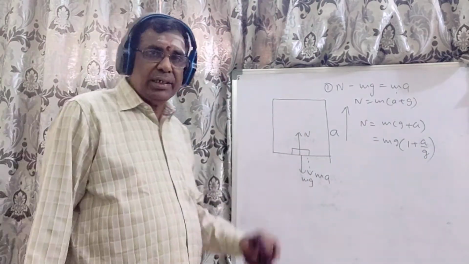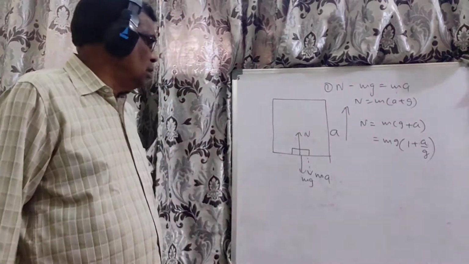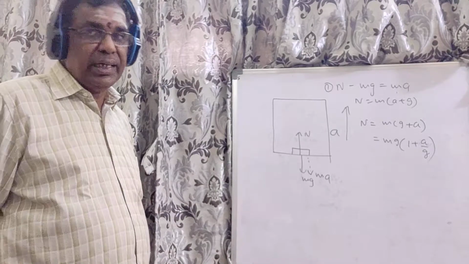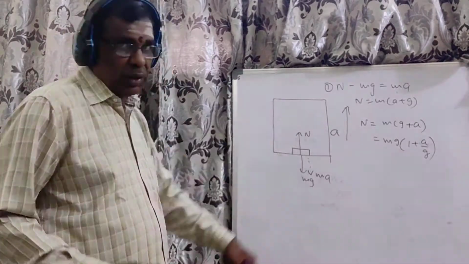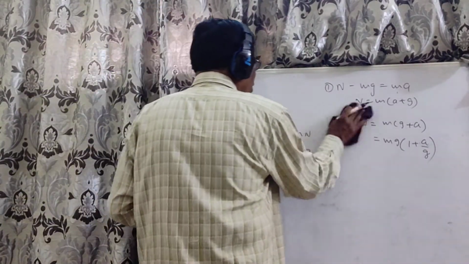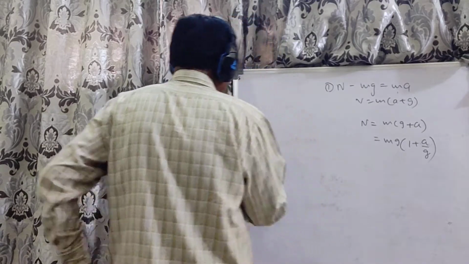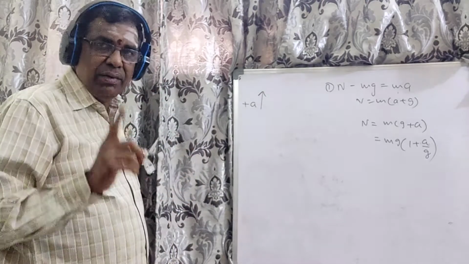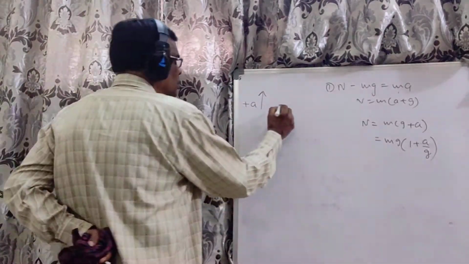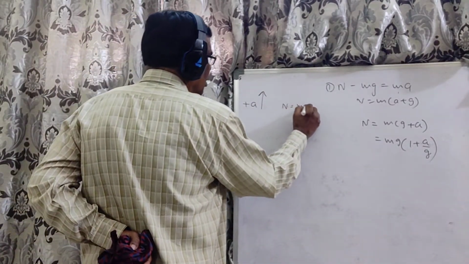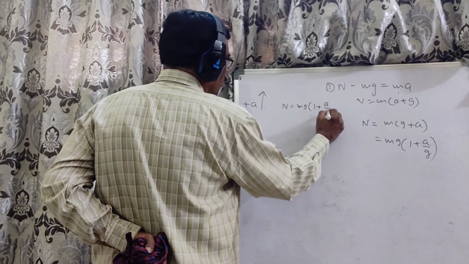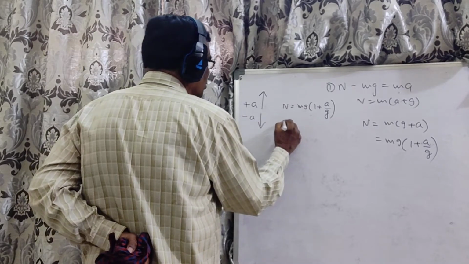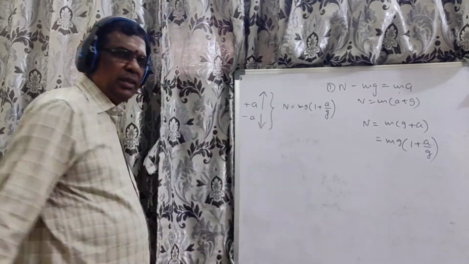Now, one very important thing I want to tell you. If the elevator is moving down, that is not the criterion alone. I'll give you all possibilities here. Now look, follow me a little carefully. Plus a up, elevator accelerating up: what is N? mg into 1 plus a by g. Minus a down: both are the same.